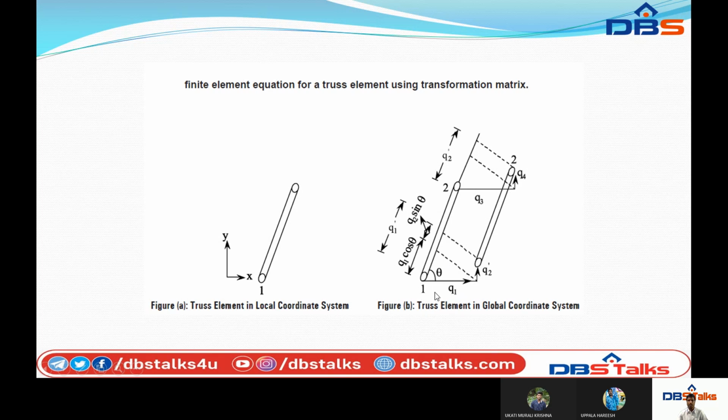The origin 1 is at point 0, 0. Then it travels Q1, then Q2, after that Q1, Q2, Q3, Q4. This is the trajectory of the point in the global coordinate system.